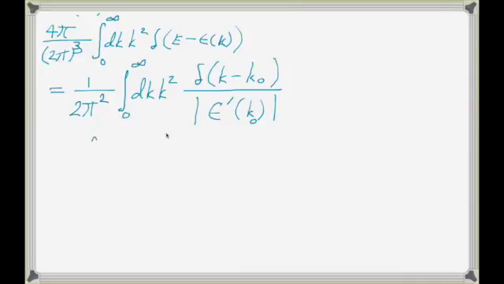So I'm looking at generically a delta function of a function and wondering how to integrate that. Because my epsilon of k is some function of k. I don't know if that looks familiar to anyone? This delta function is only going to give you something when the argument is 0, right?